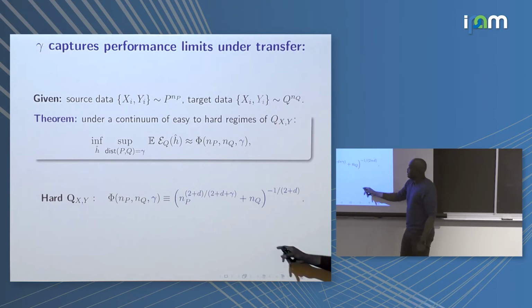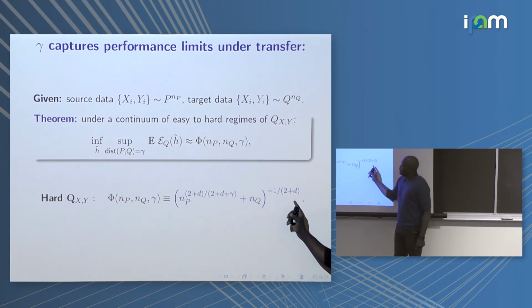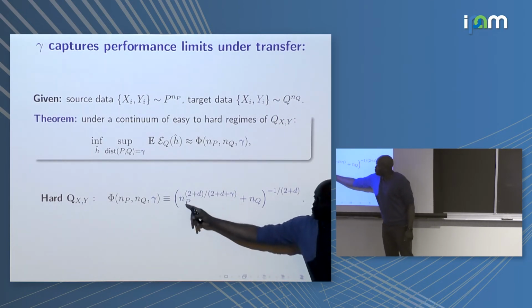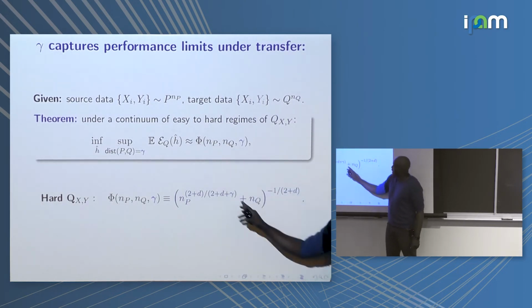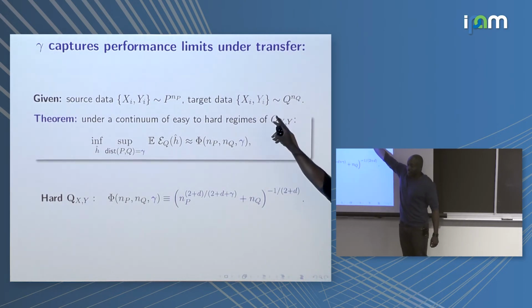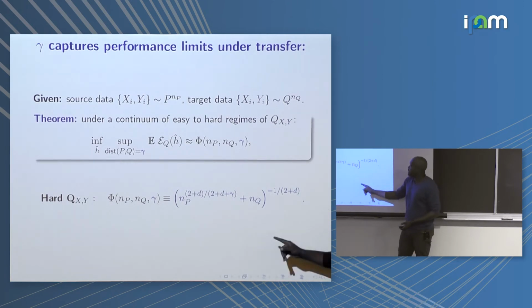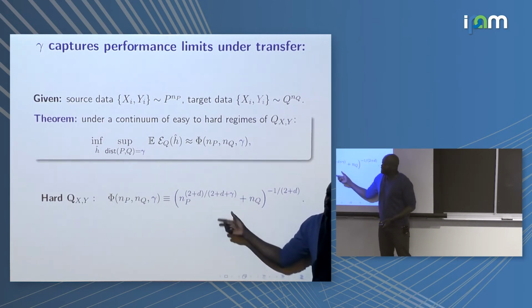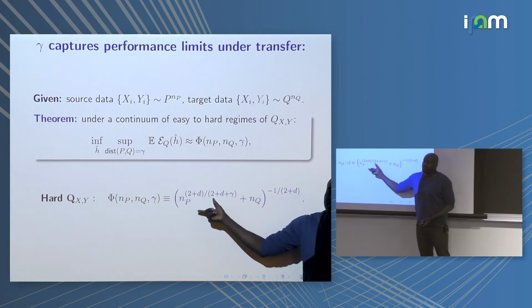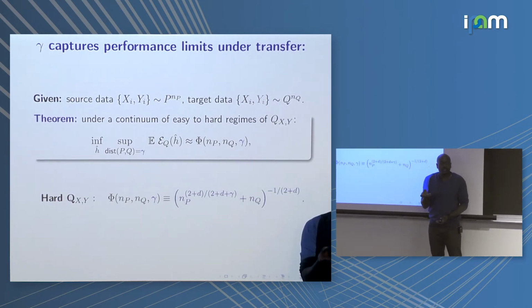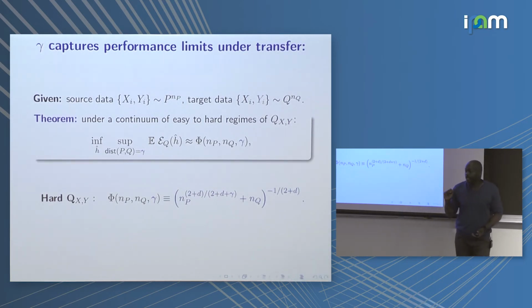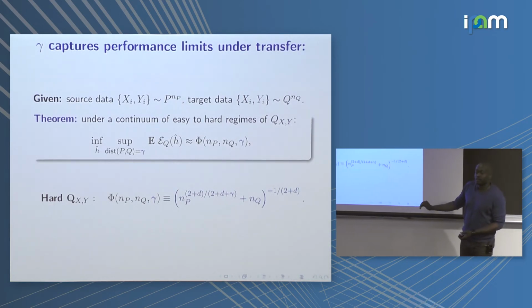This is the D. And how it depends on the dimension of the target space is given by a contribution from the source data, a contribution from the data from P, and a contribution from the target data. Here, what's interesting is that the contribution from the source data can be viewed as an effective sample size contributed by the source. And that effective sample size contributed by the source is given by gamma. Okay? And this is true in all the regimes that we considered.